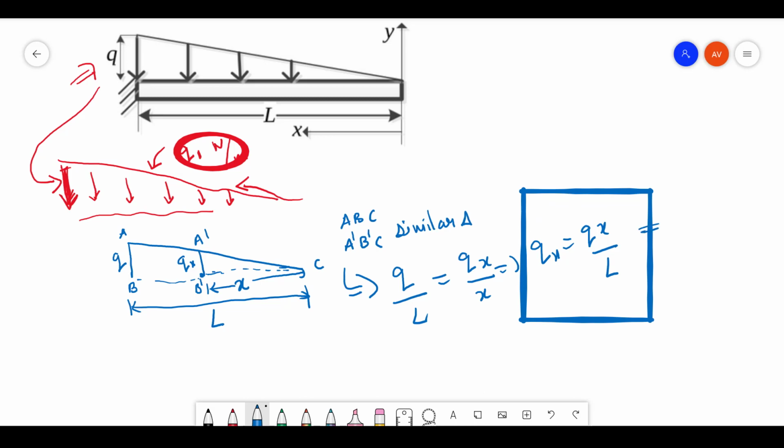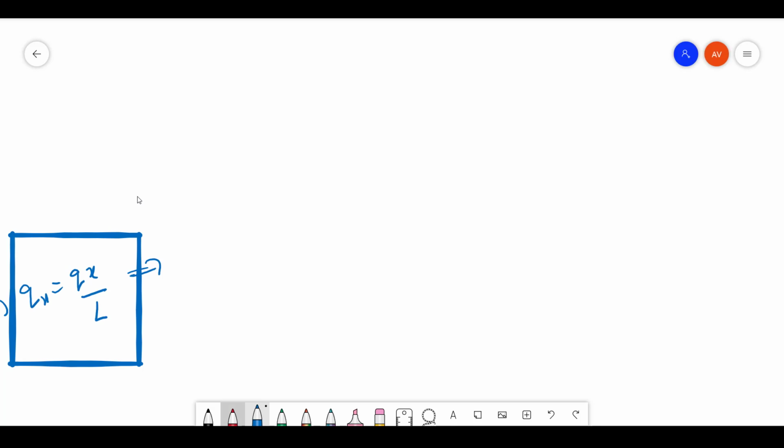Now we can utilize this function to actually solve the problem. How will we solve the problem? Let's go ahead and see. Now you have a cantilever beam like this. Let's consider at some x distance, some point, let's say B. Now you are going to have some loading condition like this, which is a decreasing, uniformly varying load.